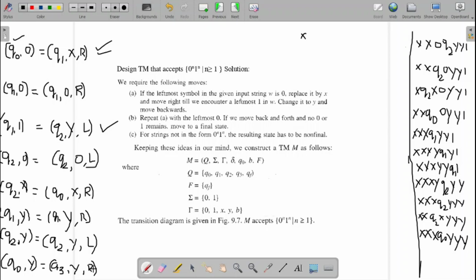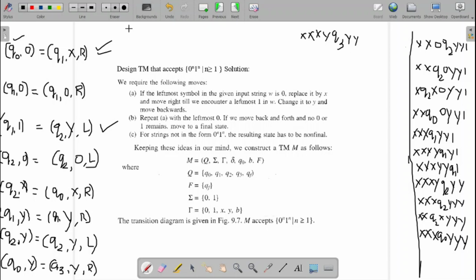If any ones are left out, it's an error, that case we have to handle. That is what happens: X, Y as it is, Q3 I am changing the state, then the Y.